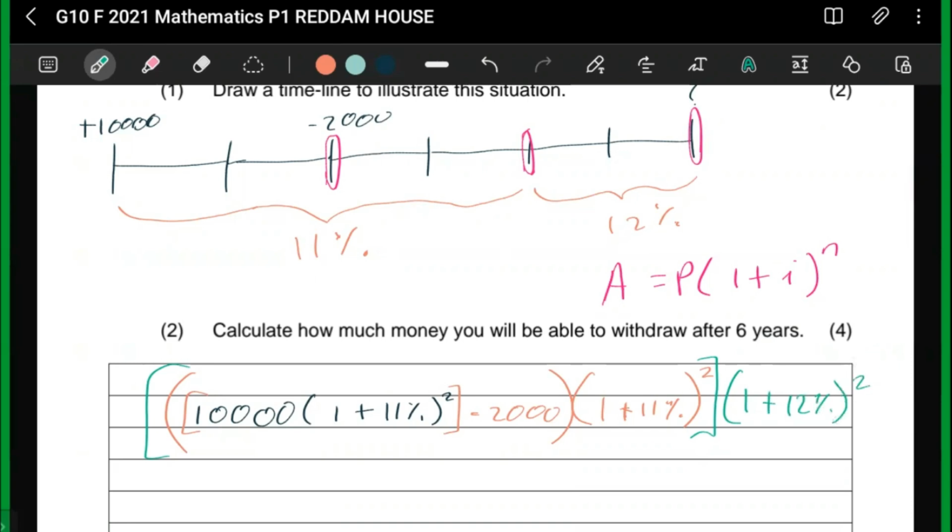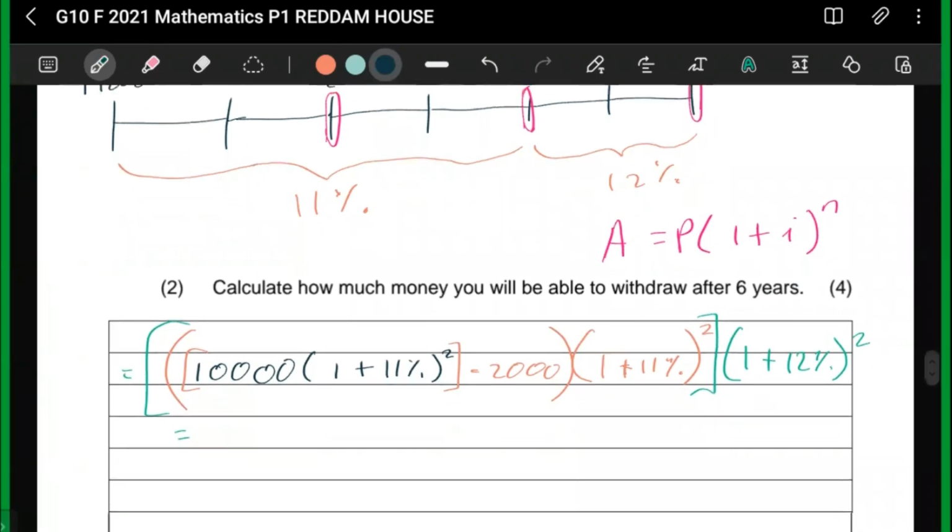There we go. So the fortunate thing is this entire calculation is something that you're able to put in your calculator. You're able to just put it nicely in your calculator with all its brackets. So let's see what that gives us. This amount, everything in our calculator, let's see what it gives us.